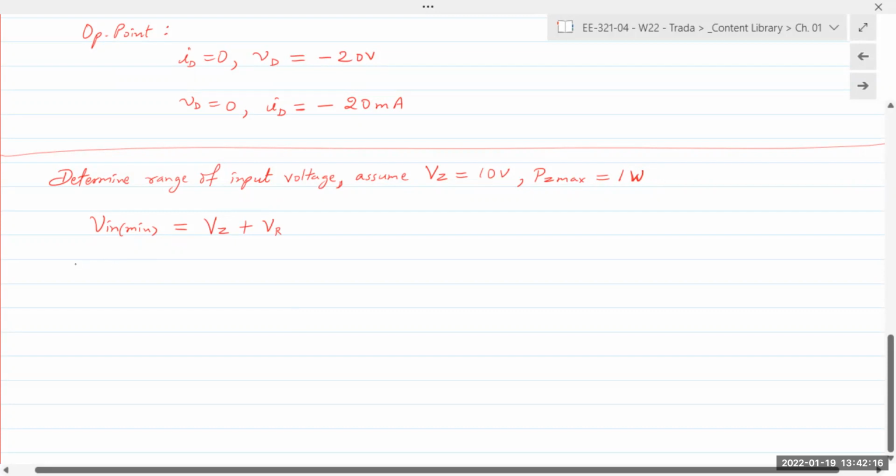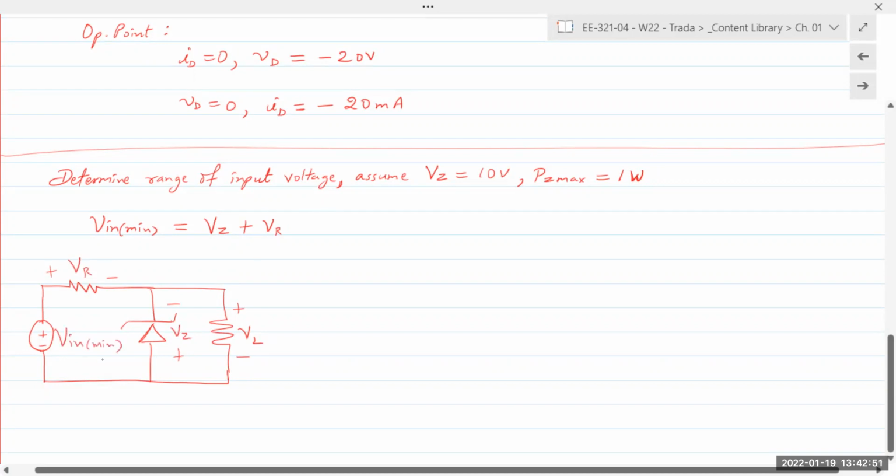Let's draw the circuit down here. VZ is 10. This is going to be VL, this is going to be VZ, this is going to be VR, and this is going to be V in min.